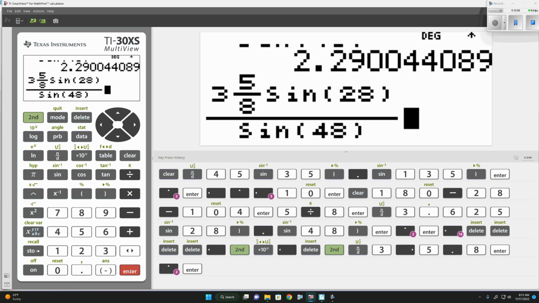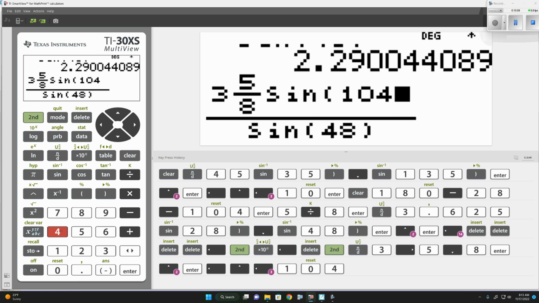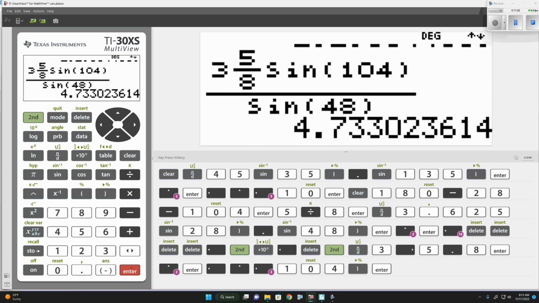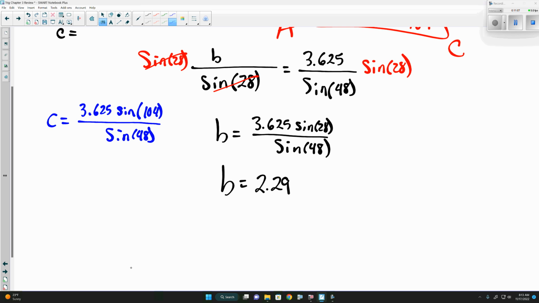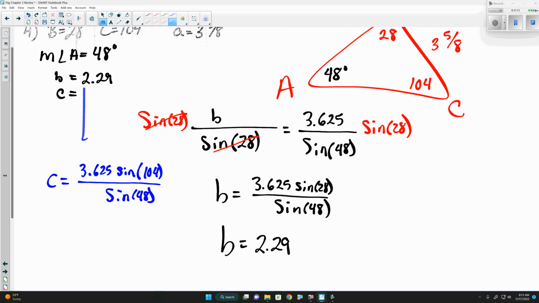So in the calculator here, we can replace 28 with 104 and get 4.73. Apparently it's going to scroll. And that's it for that there.